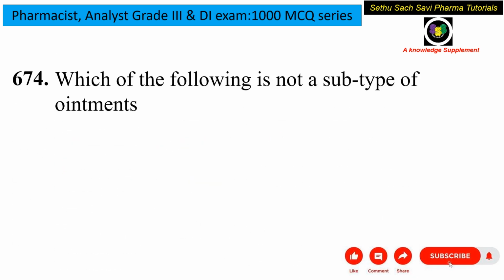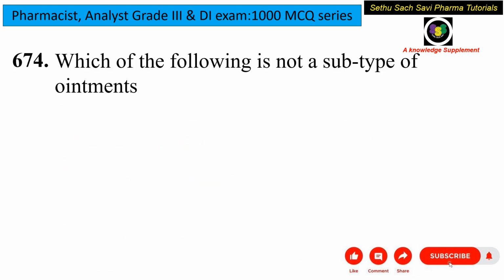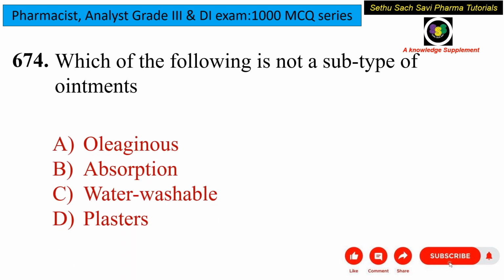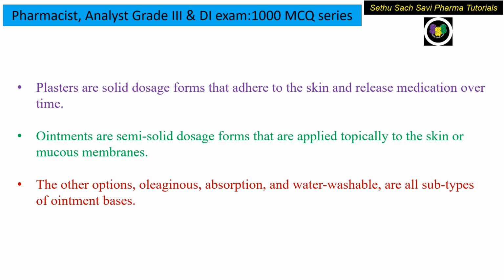Coming to the next question, which of the following is not a subtype of ointments? Oleaginous, absorption, water washable, or plasters? Here it is very clear: plasters. Plasters are a solid dosage form. They adhere to the skin and can release medication over a period of time.